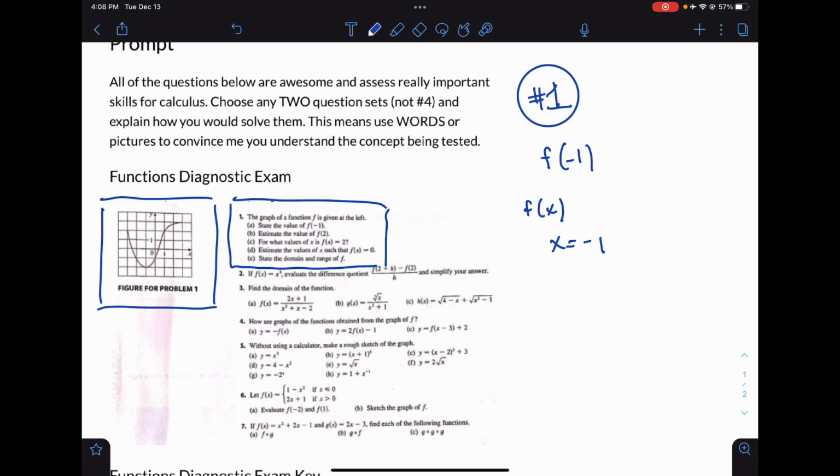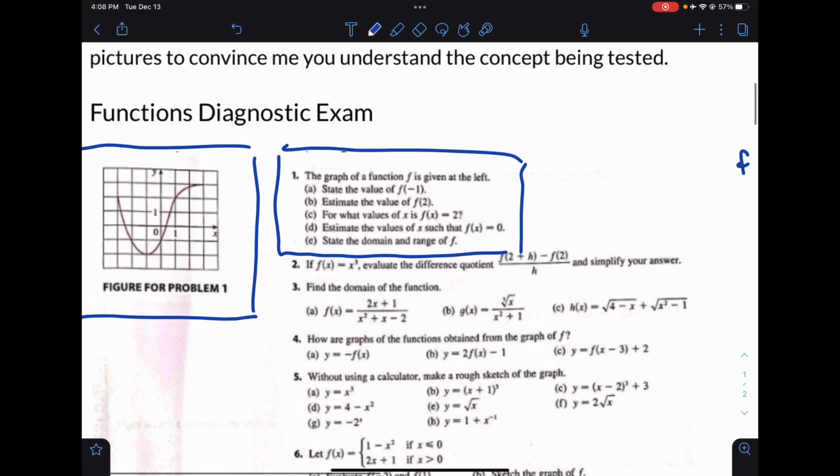If we look at where x is -1, which is right here, we know that y is -2 because that's where the graph touches.